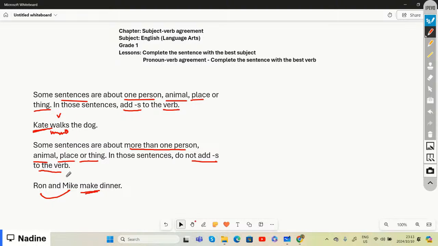All right. So we're going to look at a few more examples of subject verb agreement, and how, when we are making mention of one person.